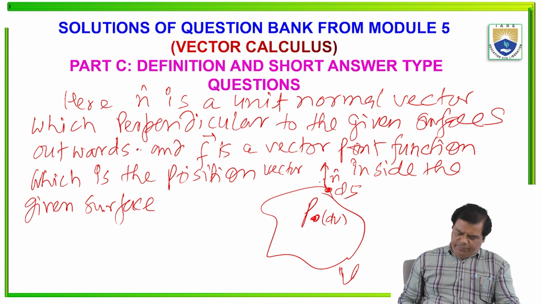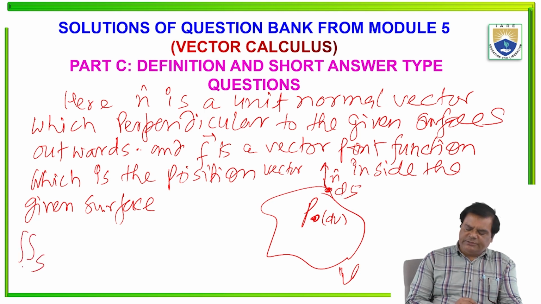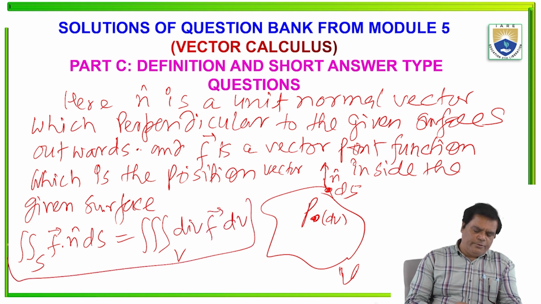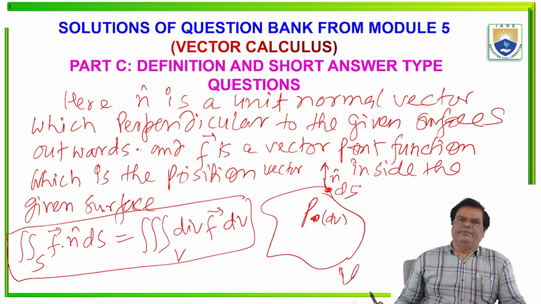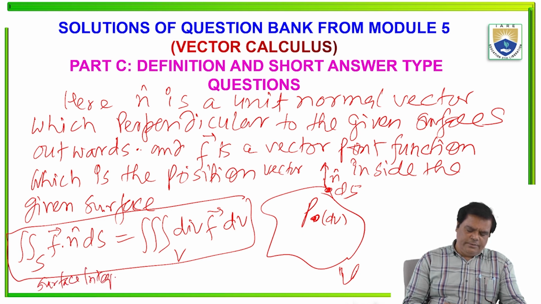So here we write the formula: double integration over S of f vector dot n ds equals triple integration over V of divergence f dV. This is known as the Gauss divergence formula, Gauss divergence theorem. This is the surface integral, equal to the volume integral.